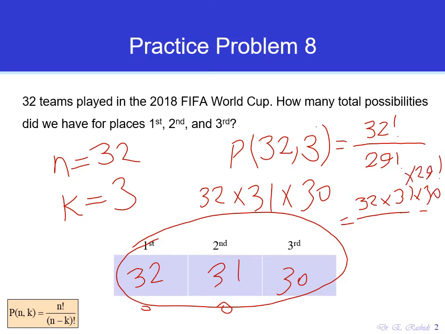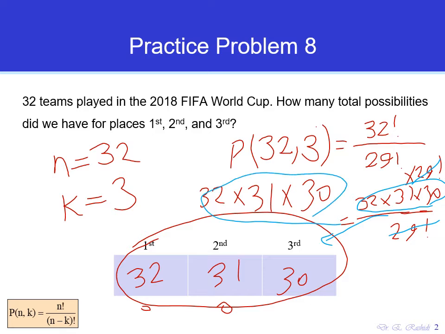We stop right here because we can cancel out the 29 factorial in the denominator and numerator. So that would be 32 multiplied by 31 multiplied by 30, which we have here, right? That's going to be a big number. That's a total of 29,760 different possibilities.